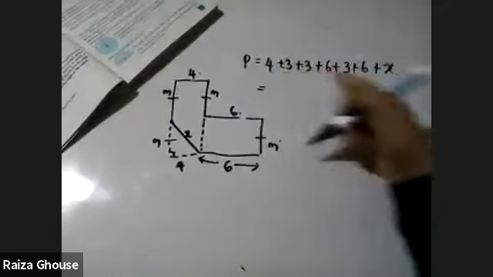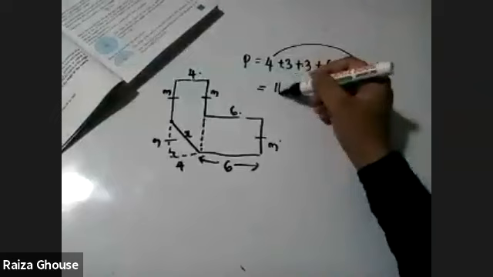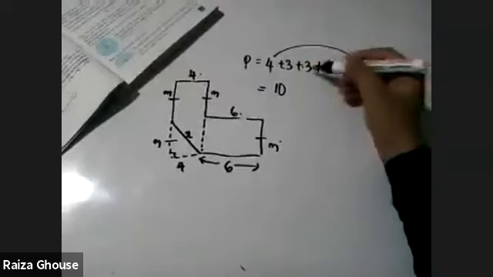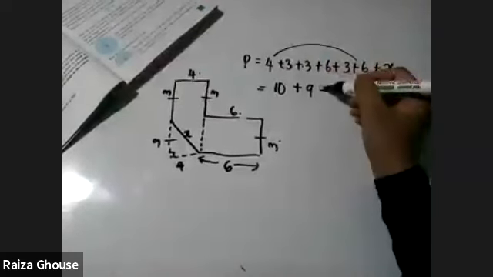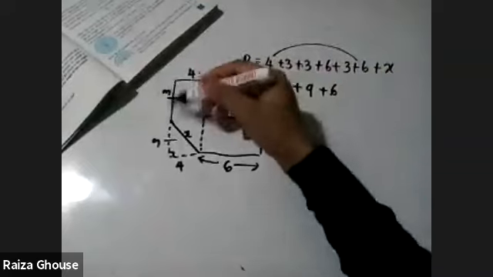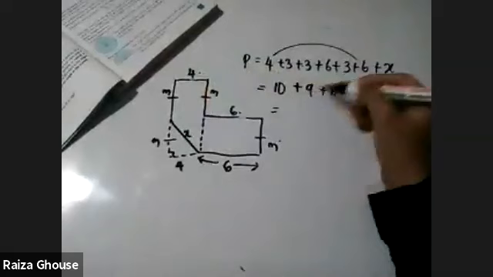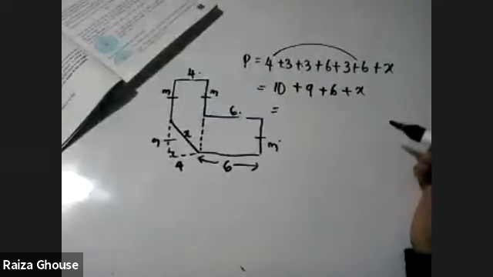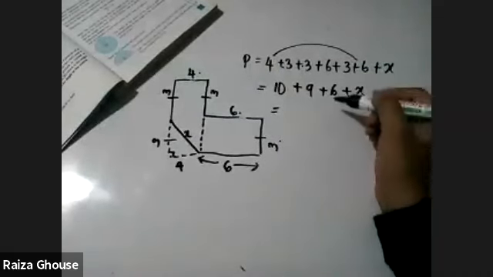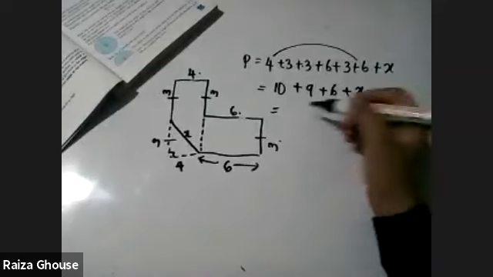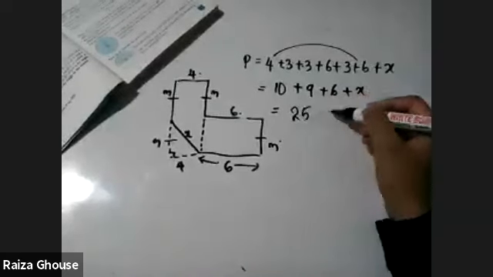Okay, altogether, 6 plus 4 is 10. Again, 3, 6, 9. This one we are not taking here because this is the one we are finding. Right, you are getting 19 plus 6 plus x. Altogether, you are getting how much? 25. Yes, 25 plus x.